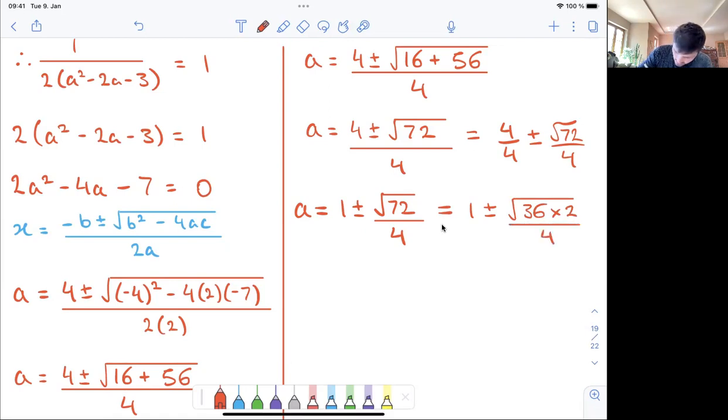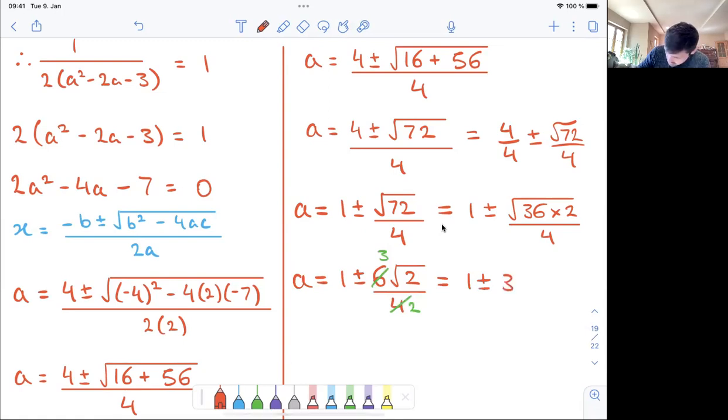That's going to be the same as writing 1 plus and minus 6 root 2 over 4. And we can simplify the 4 and the 6 to be 3 and 2, dividing them both by 2. And so we get 1 plus and minus 3 multiplied by the square root of 2 over 2.